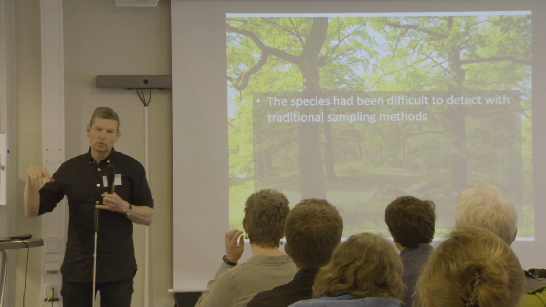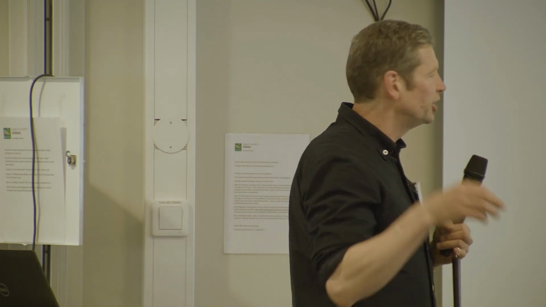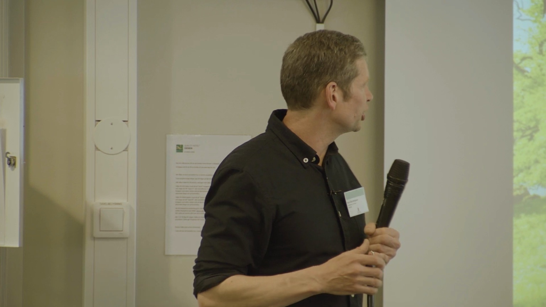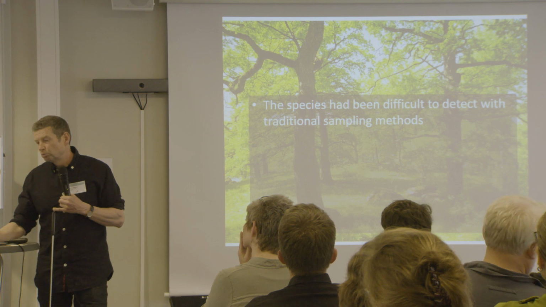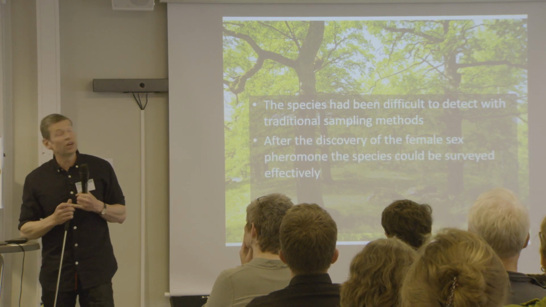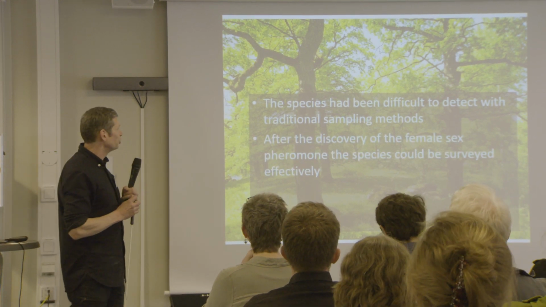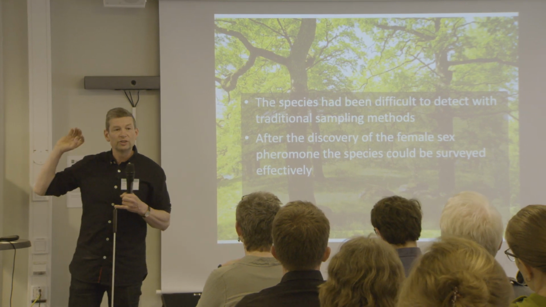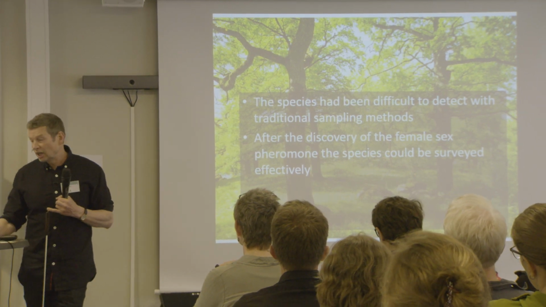This species was originally really difficult to sample with traditional sampling methods like window traps or these kinds of things. But after discovery of this female sex pheromone, the species could be surveyed super effectively and quite cheaply. So we realized it was possible to cover a quite large area with a reasonable amount of field work.